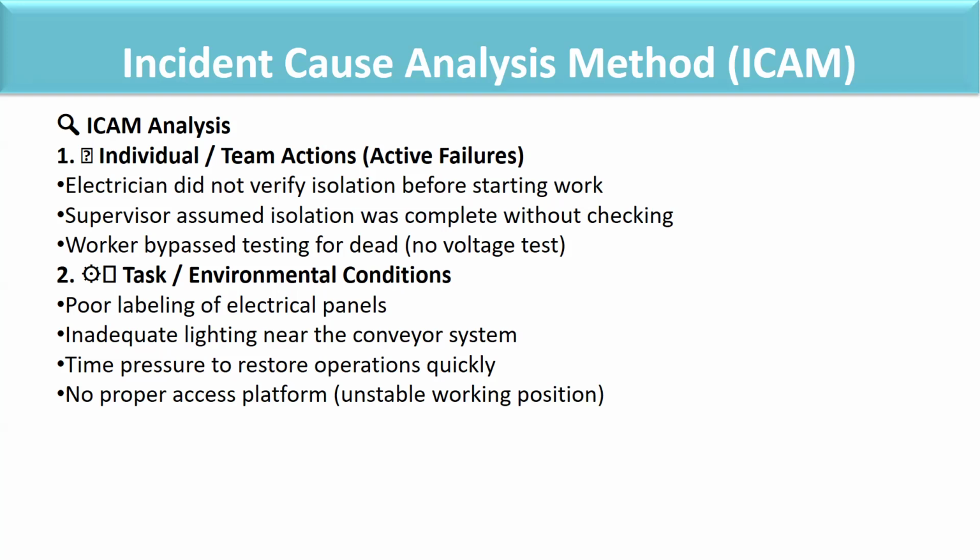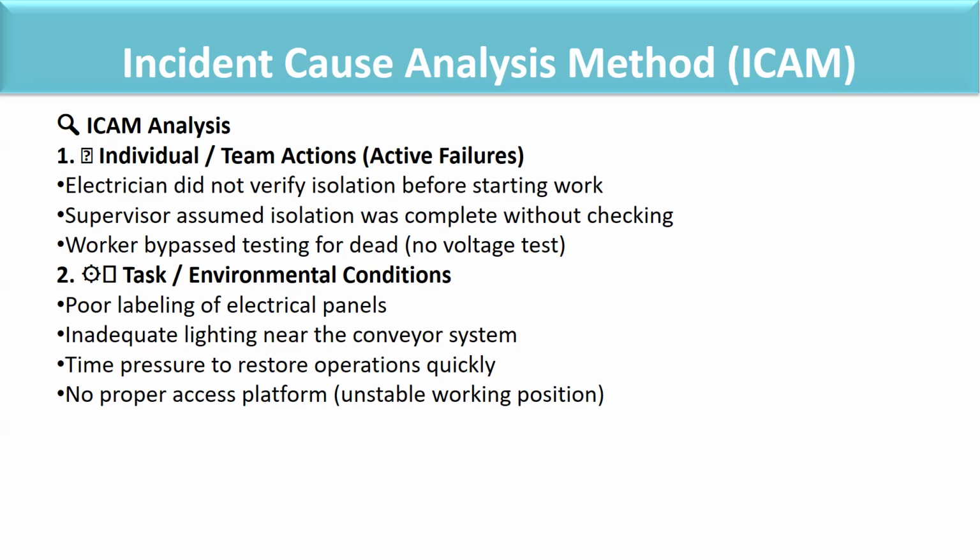So over here we have three gaps: the electrician did not conduct the isolation, the supervisor also did not check, and the worker bypassed testing for dead. He didn't do the voltage test, which was required.